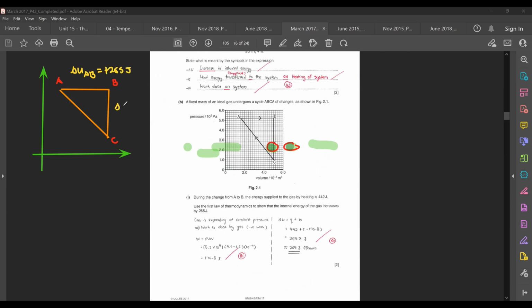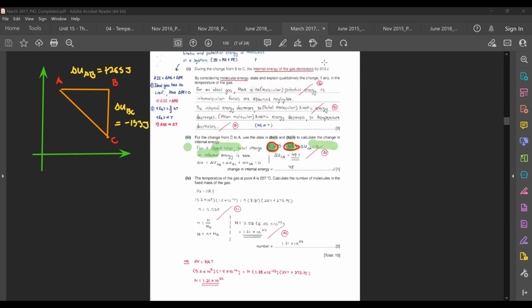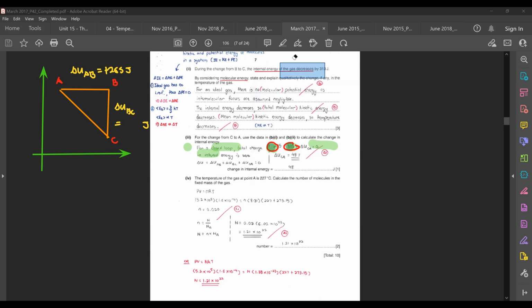Whereas the change in internal energy from B to C was, from B2, this part here, okay, not 133, this is 313. And this one is negative 313 joules. Negative because it's a decrease. All right. So here, they want you to find out what is the change in internal energy from C to A.